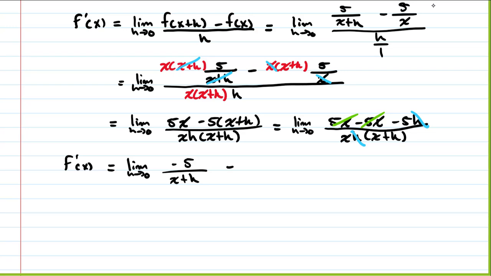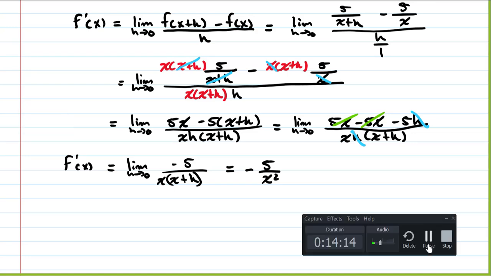And we can use our evaluation theorem to plug in h equals 0. When we do so, we get x times x, which gives us negative 5 over x squared. So we've now found our new function, f prime. So the idea is the derivative transforms a function into a new function.